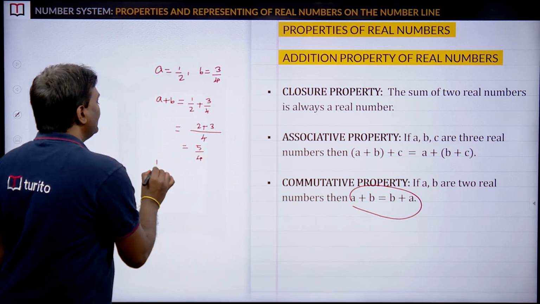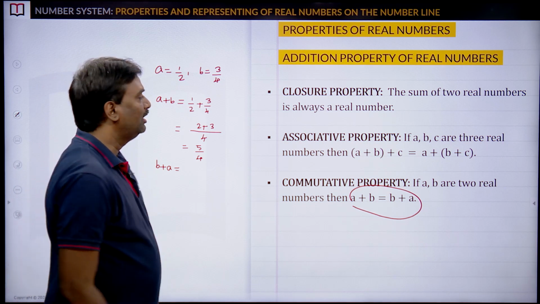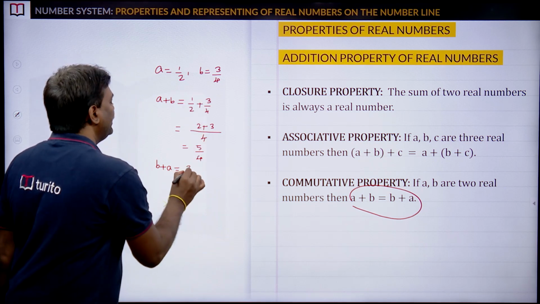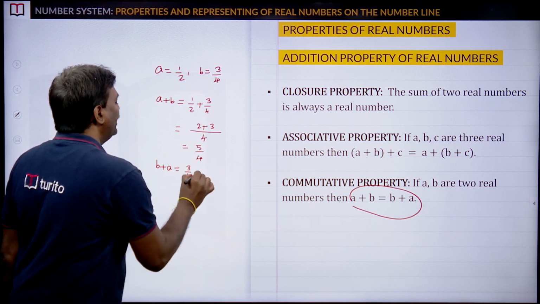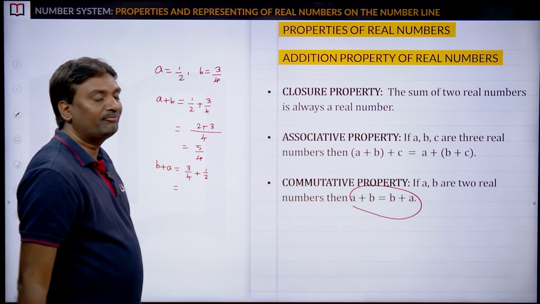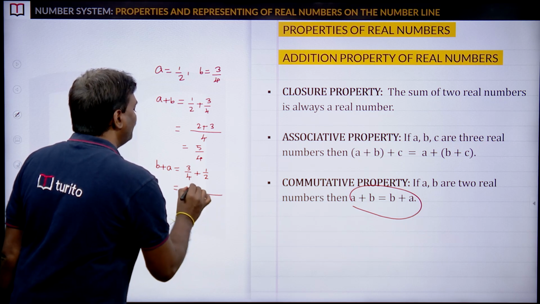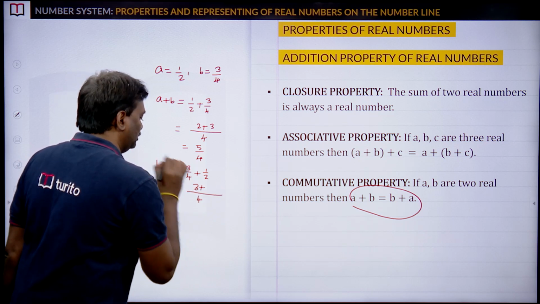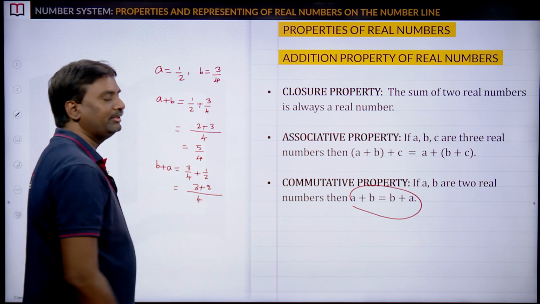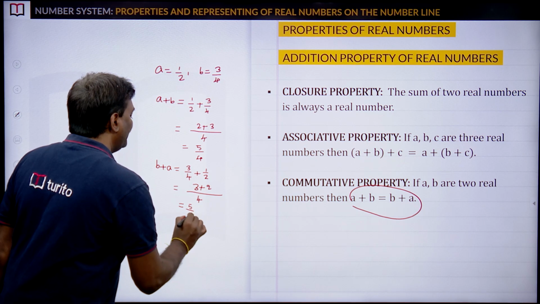Similarly, if we take RHS, B plus A equals, what is B? 3 by 4. What is A? 1 by 2. So, for 4 and 2, by taking 4 as LCM, 4 times 1 is 4, 1 into 3 is 3, 2 times 2 is 4, 2 times 1 is 2. So, 3 plus 2 is 5, denominator 4.